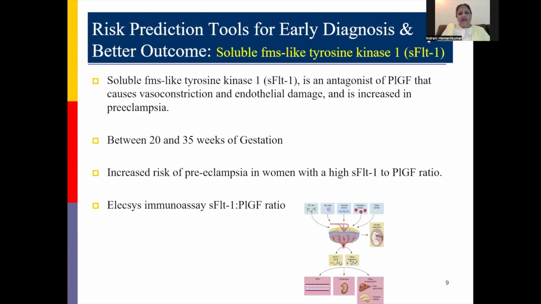And the other thing is about soluble FMS-like tyrosine kinase, what they call SFLT1. This is an antagonist to the growth factor. While the growth factor causes vasodilatation and abolishes the intimal muscular layer of the placental arteries, this is just the opposite.